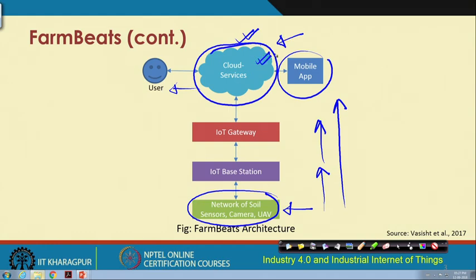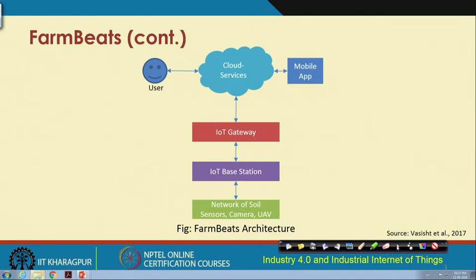Use of cloud based architecture for a prompt, efficient, effective mechanism for decision making is what precision agriculture is about, and this is implemented here. The processing and analytics part is implemented using these cloud based services, so analytics is performed in this component of their architecture.